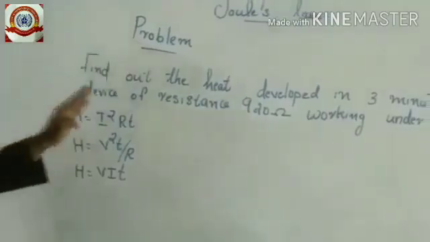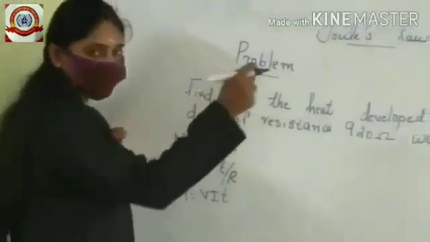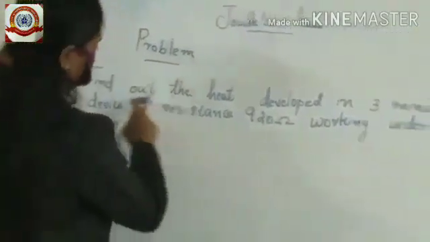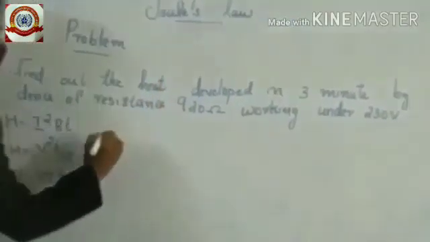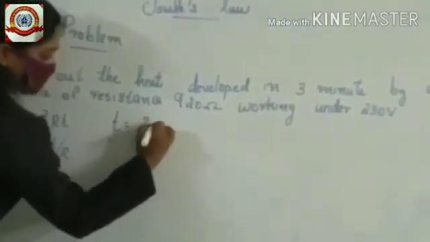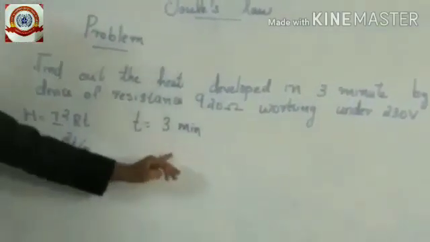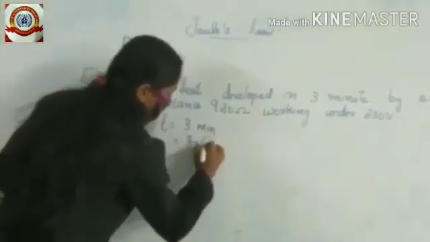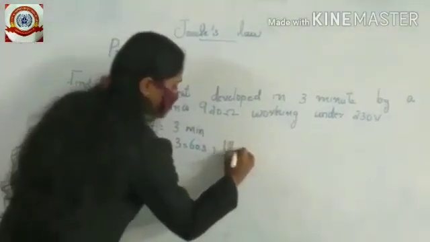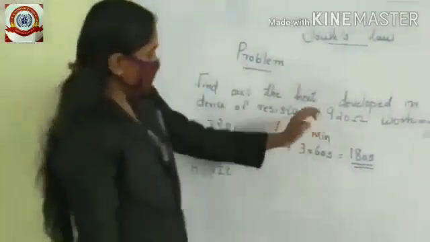From these three equations, we want to find out which is the correct equation to apply in this question. Let's go through the data. The heat developed in 3 minutes, is it? So time T equals 3 minutes and here time is given in minutes. So we want to convert it into seconds. 3 into 60 seconds. What is the answer? 180 seconds. Okay. So we got the time.